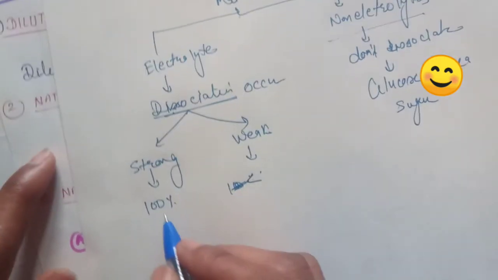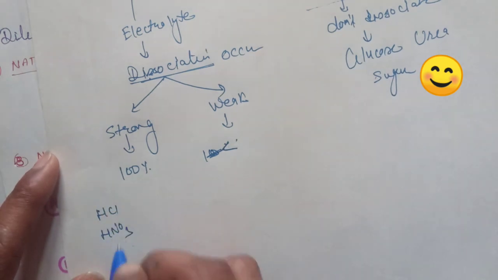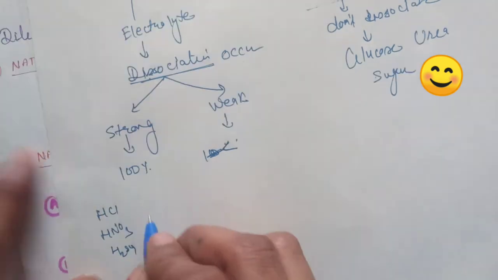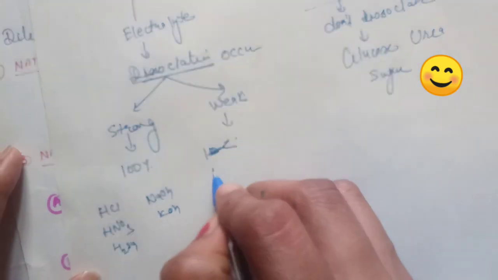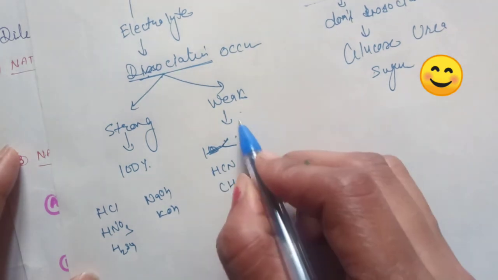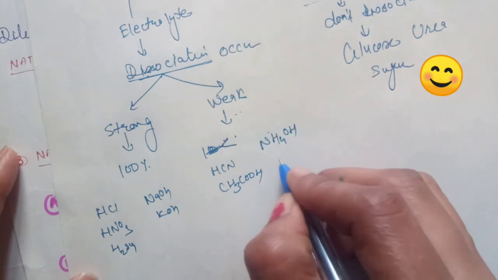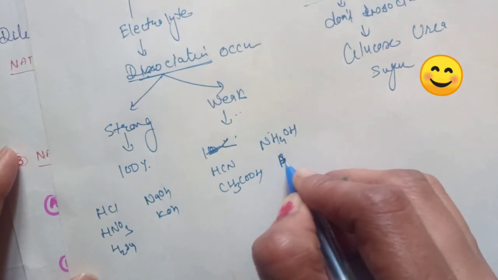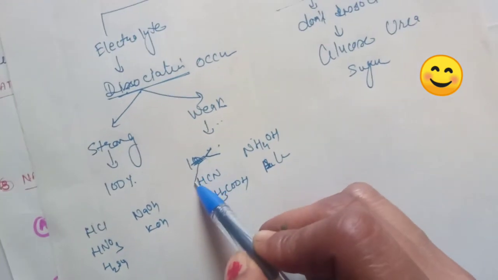Okay, strong electrolytes: strong acids like HCl, HNO3, H2SO4, etc. Bases like NaOH, KOH, etc. Weak acids like HCN, CH3COOH, etc. Weak bases like ammonium hydroxide, barium hydroxide, etc. Weak means not dissociated 100% and strong means dissociated 100%.